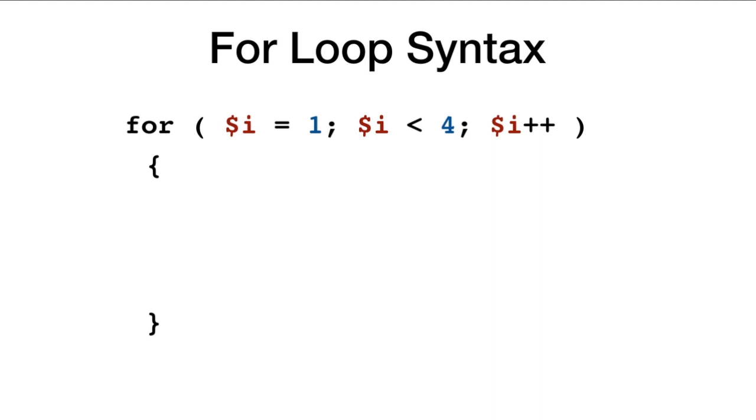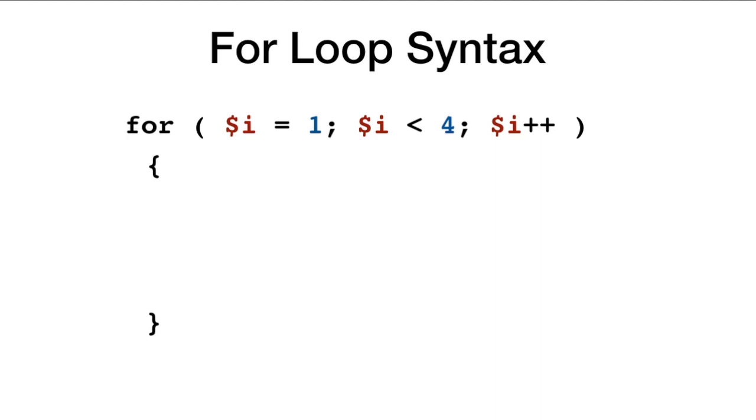The next part of the for statement is the test. This makes the for loop a bit more like a while loop. We have a test there, and the loop will keep going as long as that is true.